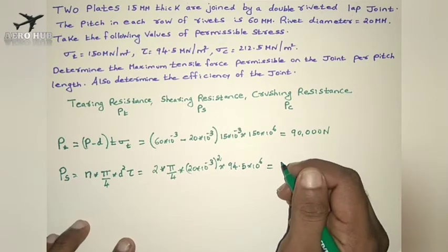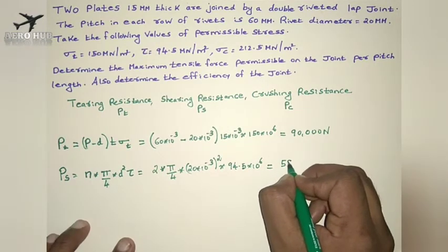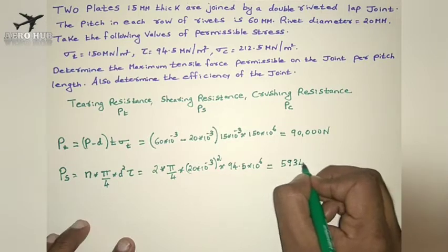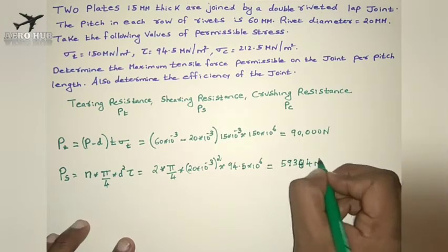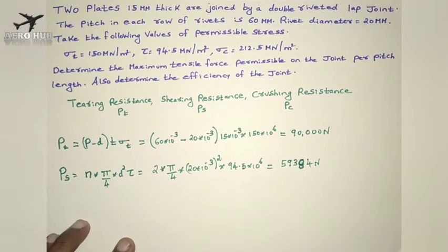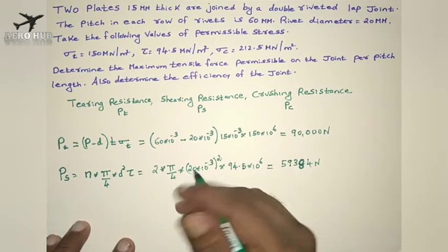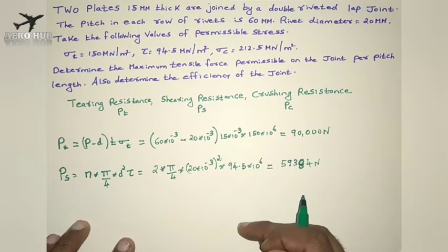So you will get the value of shearing resistance as 59,384 Newton. This is the value of shearing resistance. And you can see here the value of shearing resistance is less than that of tearing resistance.